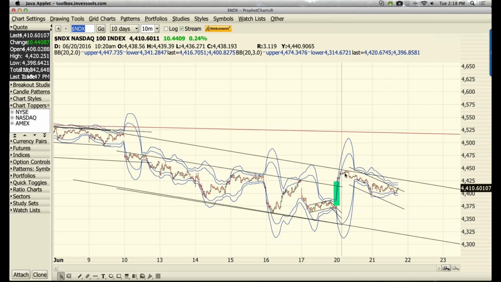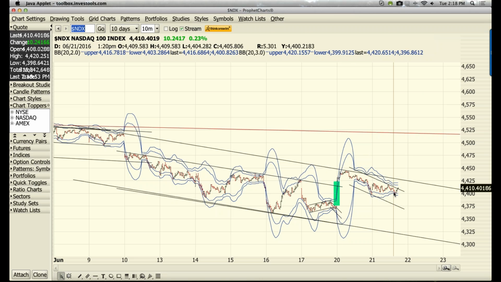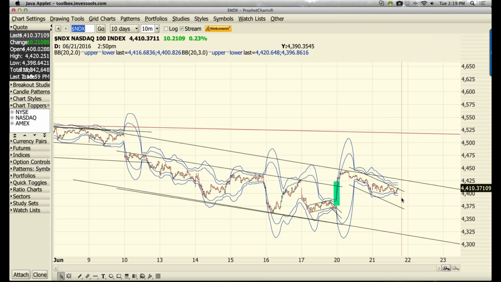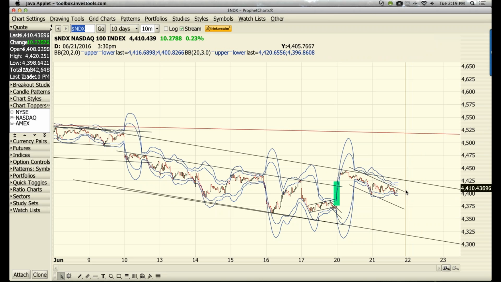But I have to say, I didn't really like the interpretation of that pattern, because I will use the Bollinger Bands, the 2 and 3 standard deviation Bollinger Bands, as a guideline to how closely aligned my pattern is. And what I saw was, as I was identifying that natural level of resistance and that natural level of support, that I was carving through the Bollinger Bands.